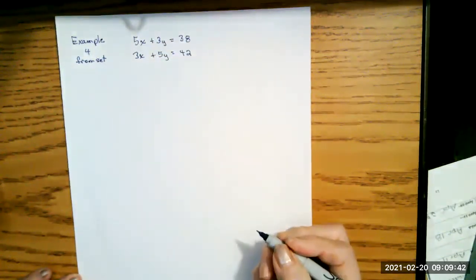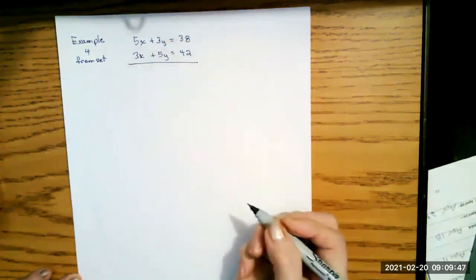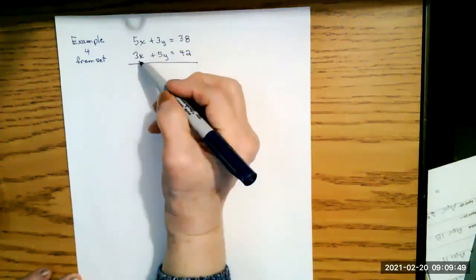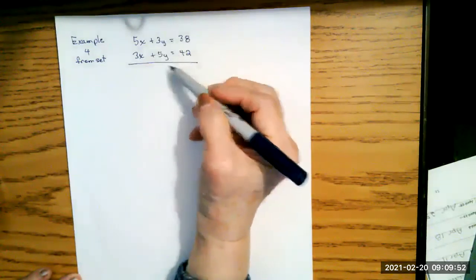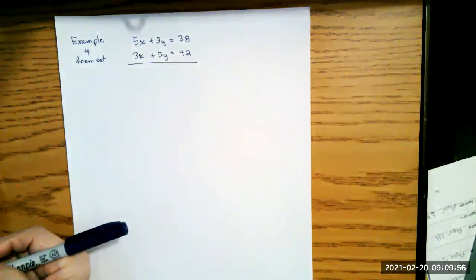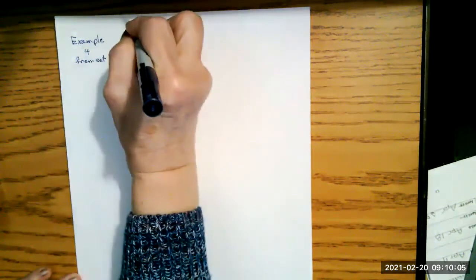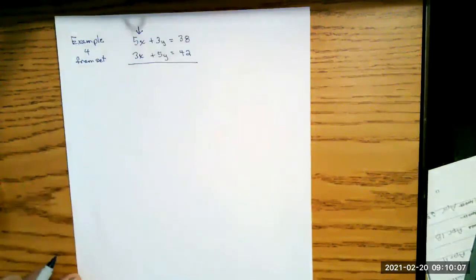Now you can see that if I just drew my line and tried to add these, I would end up with 8x and 8y, and then a large number over here, 80. So I didn't eliminate anything, which is my goal to do this problem. So I pick a variable that I want to eliminate. Let's suppose I want to eliminate the x's. I need to figure out what I can multiply each of the equations by to eliminate an x.